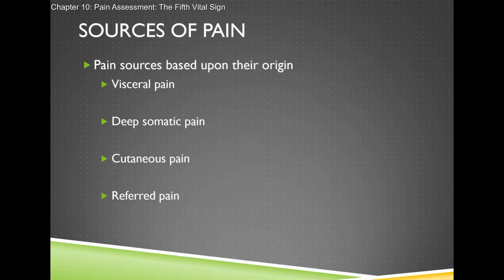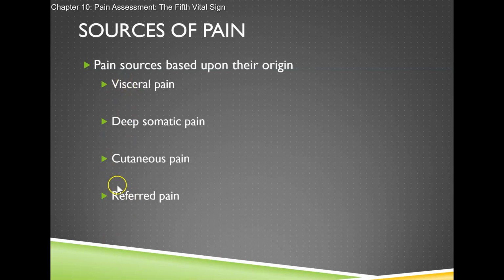A lot of times they say it might happen because of ischemia, which is lack of blood flow through a certain area, and it blocks something, and that's why it comes out that way. So what I'm trying to explain to you is, of all these types of pain, I want you to know the sources of the pain.